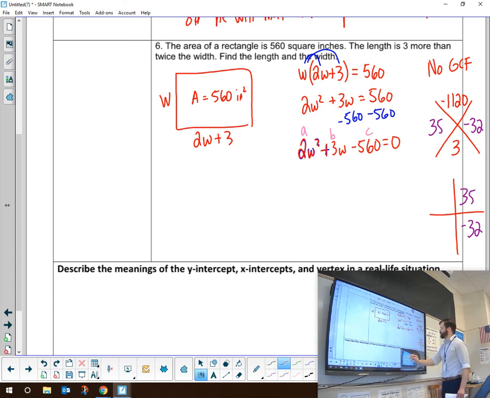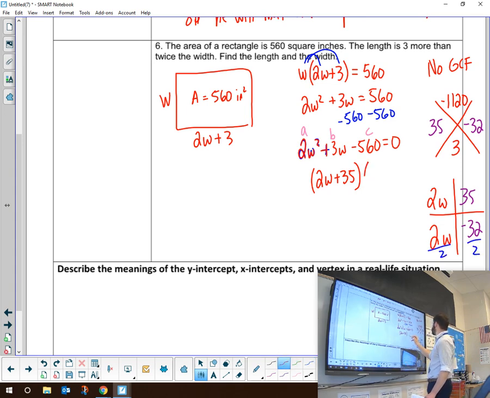So I have a 2w, these two factors. So my first factor, 2w plus 35. My second factor can reduce. I can divide both of these by 2 and get a new factor of w minus 16.